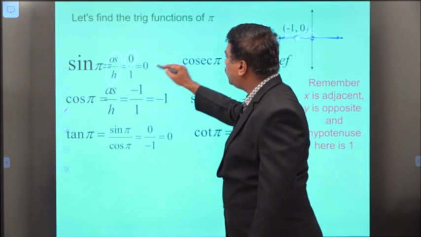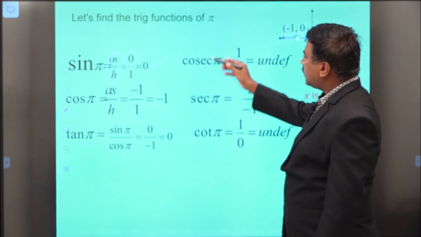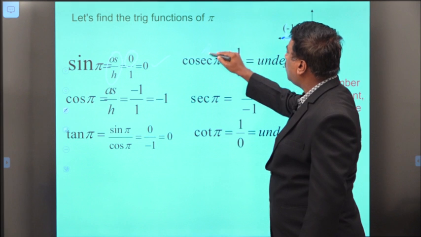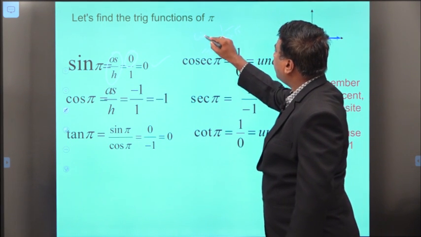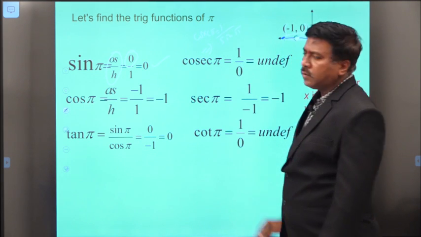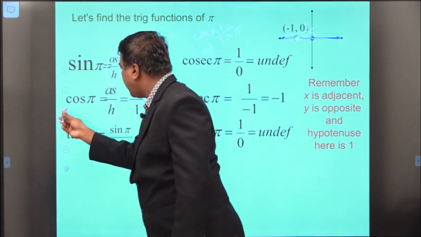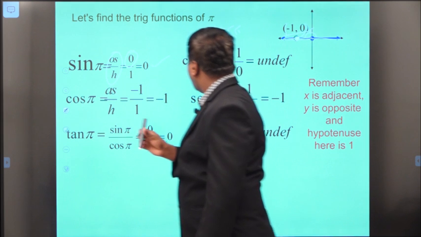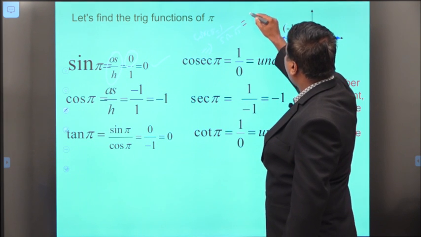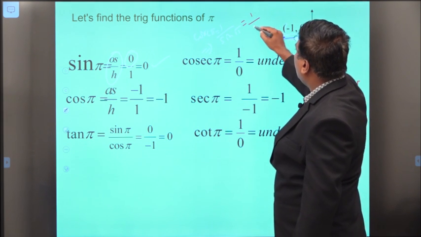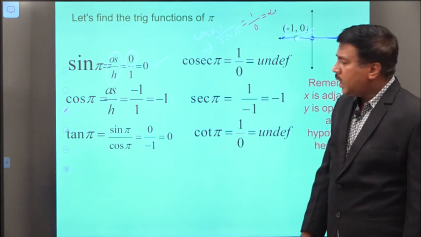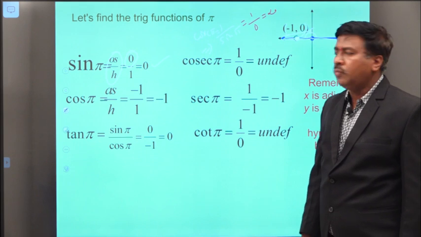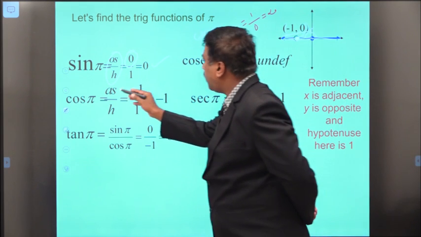Therefore that value is equal to 0. Similarly, cosecant pi is the reciprocal of sin pi, that is 1 by 0, which is infinity.